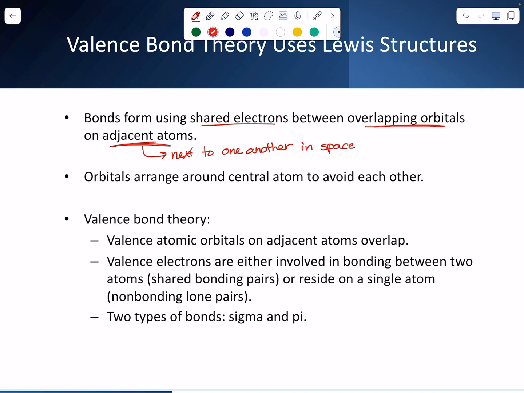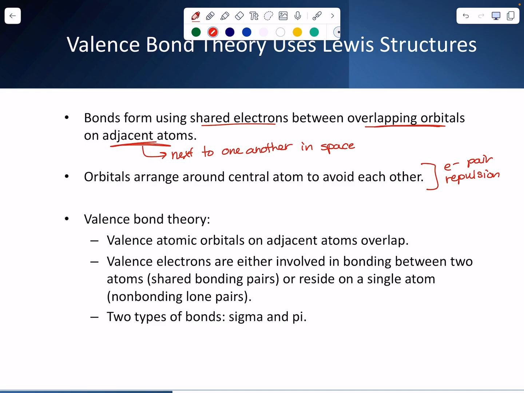We know that electrons repel each other, and so they're going to arrange themselves around your central atom in order to avoid each other. This is electron pair repulsion. That's the EPR of our VSEPR theory.